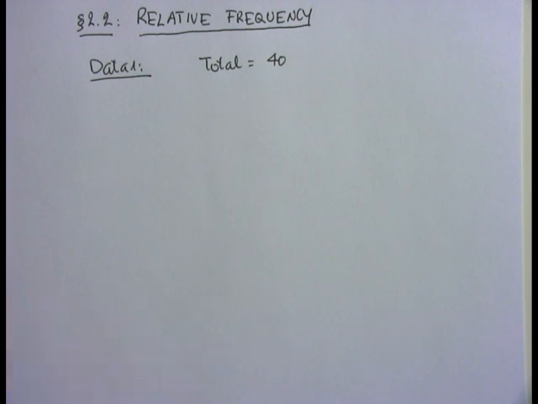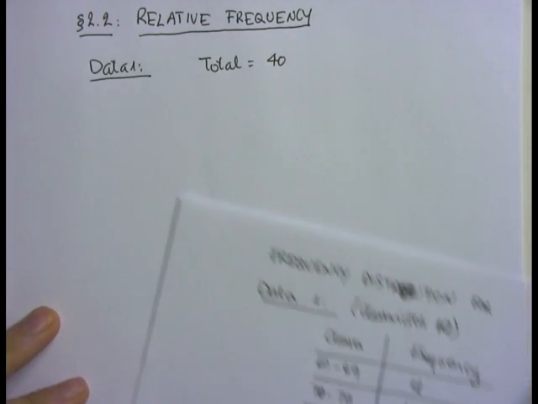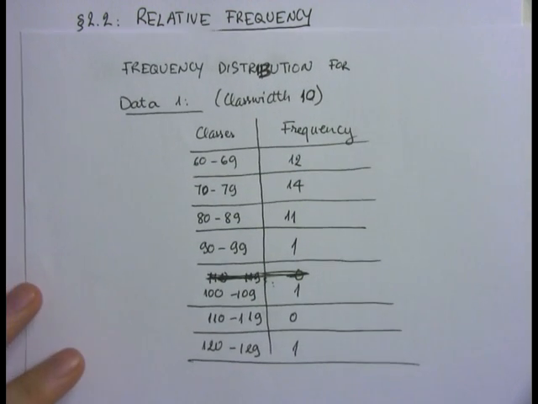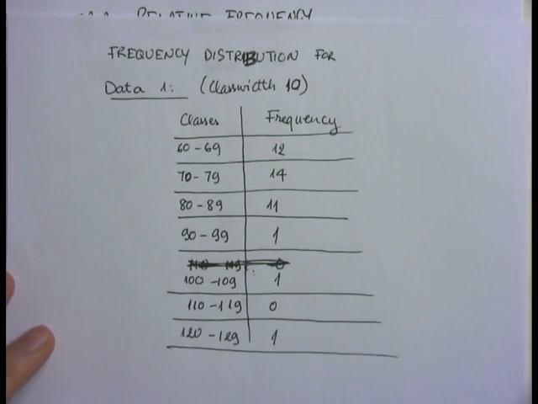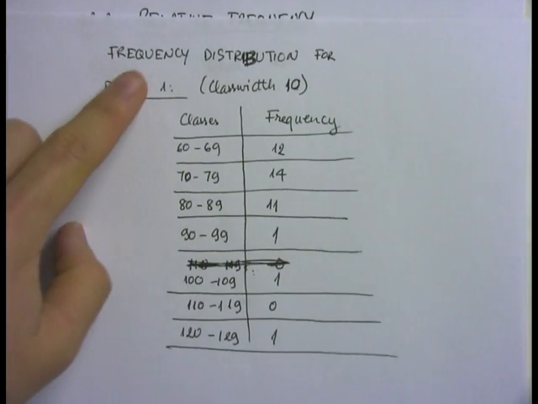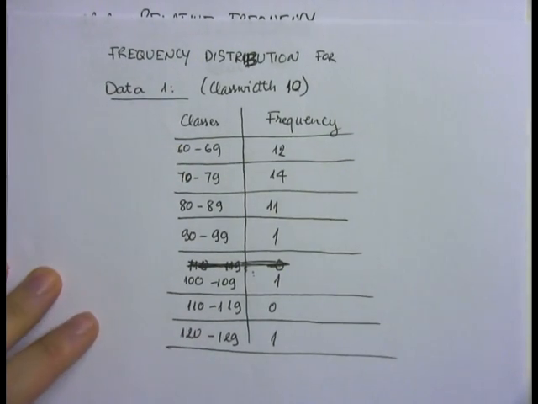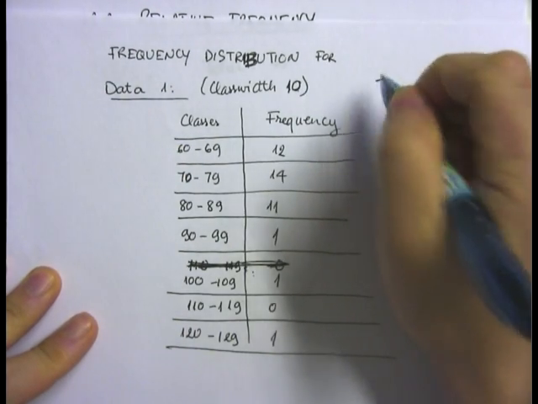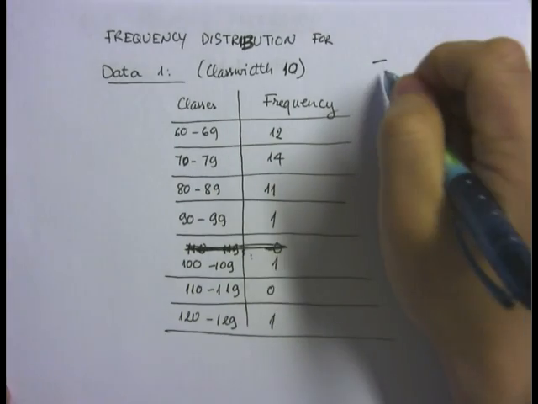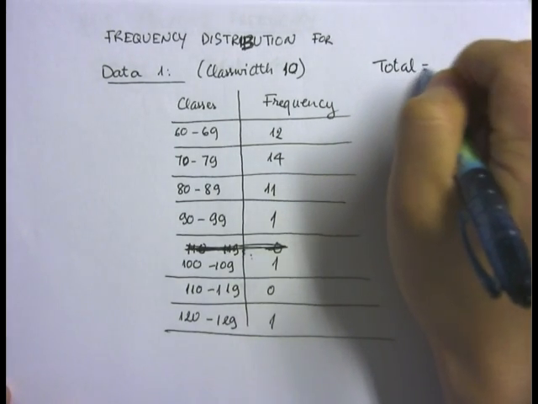And similarly, the idea of relative frequency is just, once again, you're gonna take the actual frequency and convert that into the percentage out of the total. So now if you look back into the class frequency distribution, and here I'm using class width again, I know for now that the total is 40.